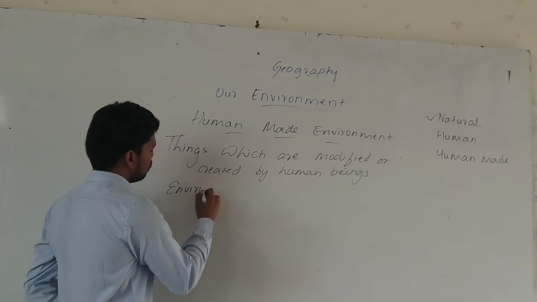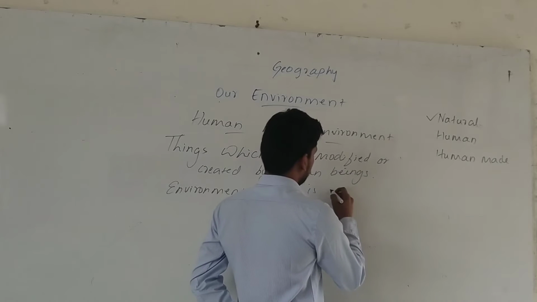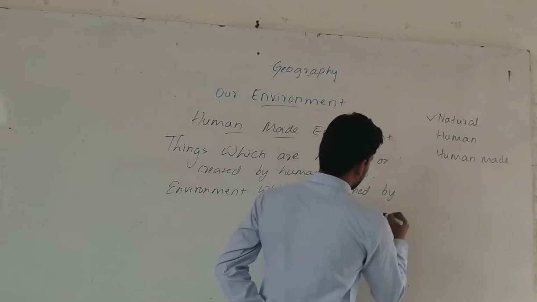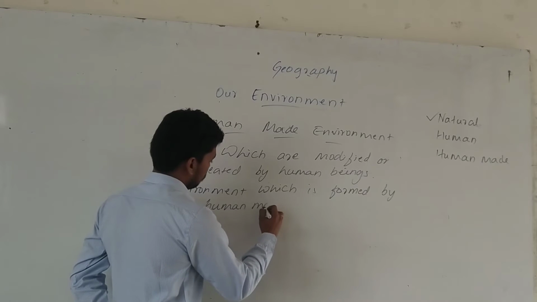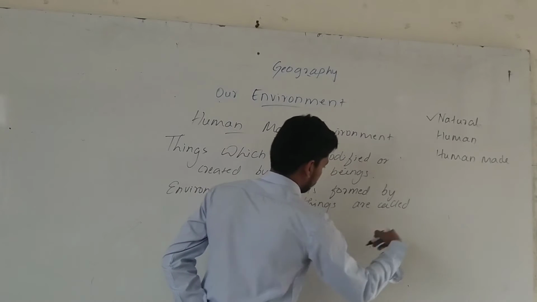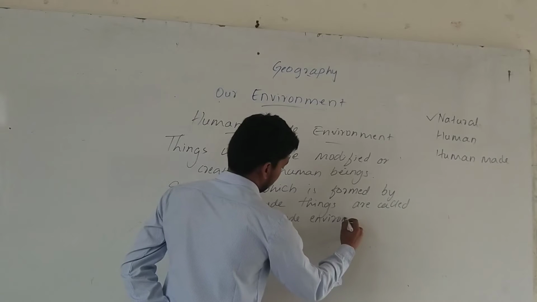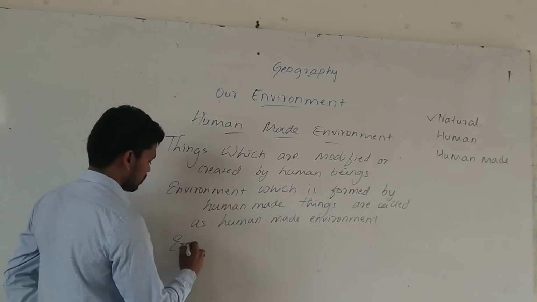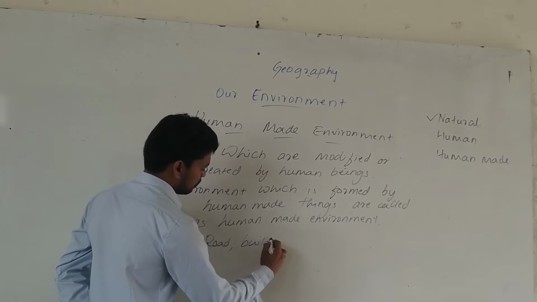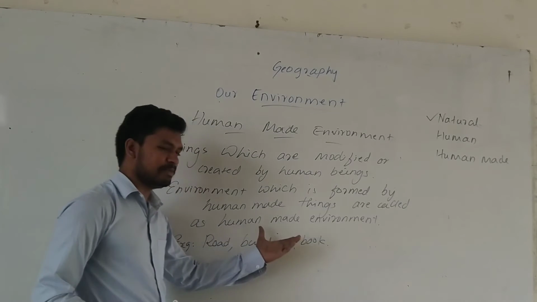Then the environment which is formed by human-made things is called human-made resources, the human-made environment. For example, we have many things as examples for this, like roads, vehicles, buildings, fan, book, pen. There are many examples of human-made things.